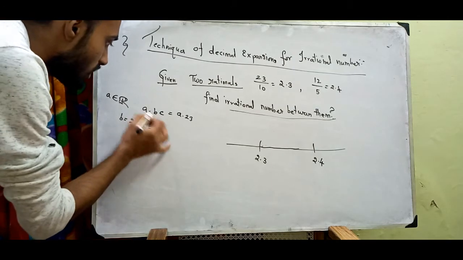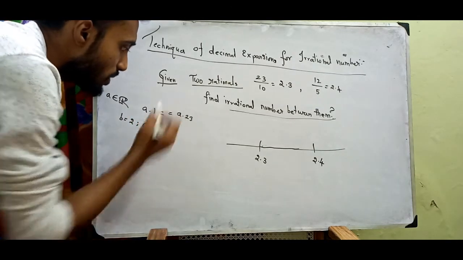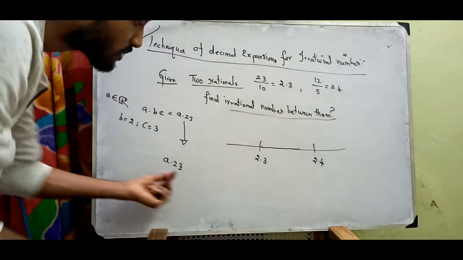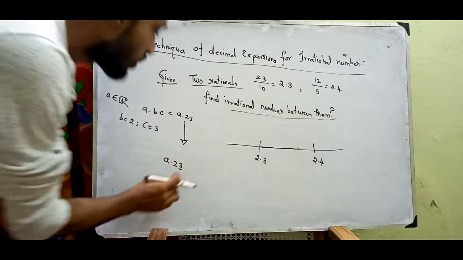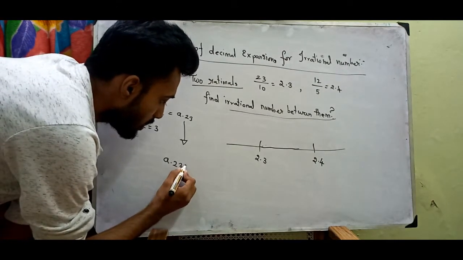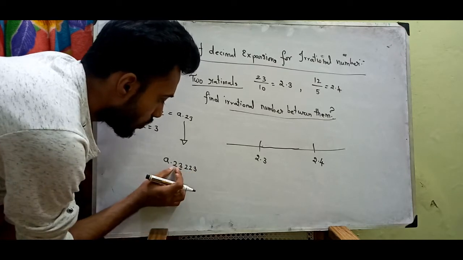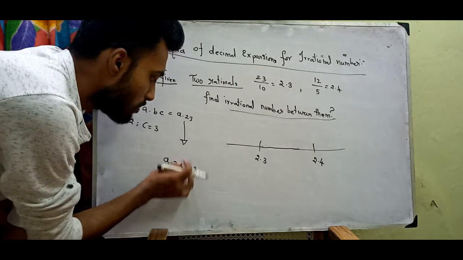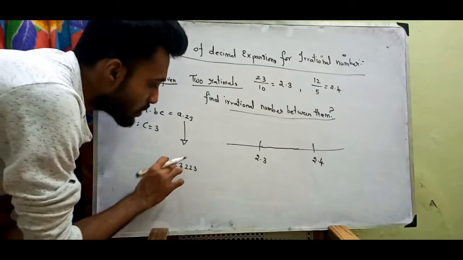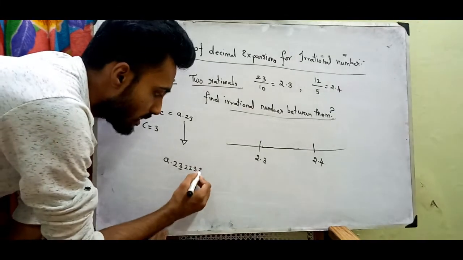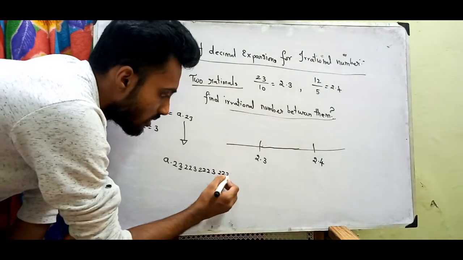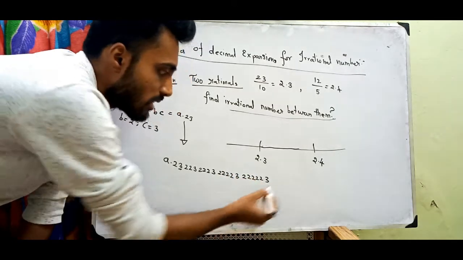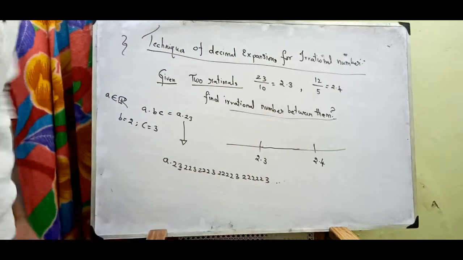What I'm doing here is repeating the digit before the last digit, which is 2. That is what I'm repeating here: 223, then 2223, then 22223, then 222223, and so on. This is clearly non-terminating and non-repeating.